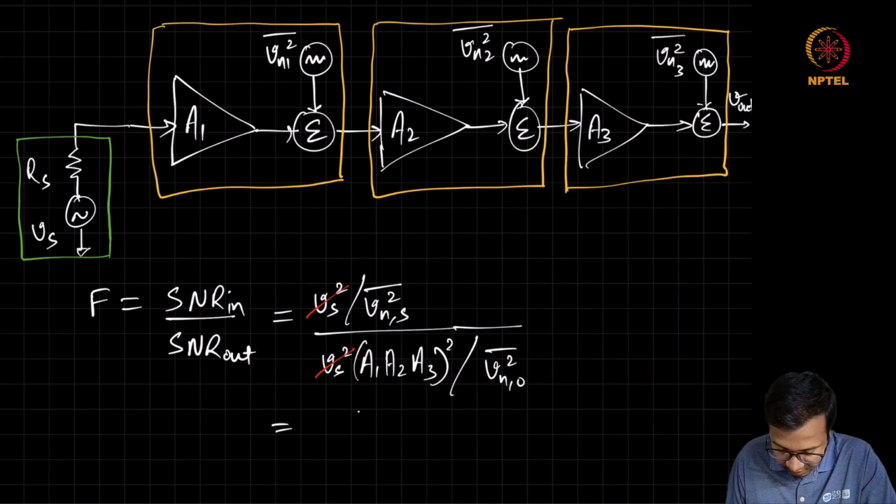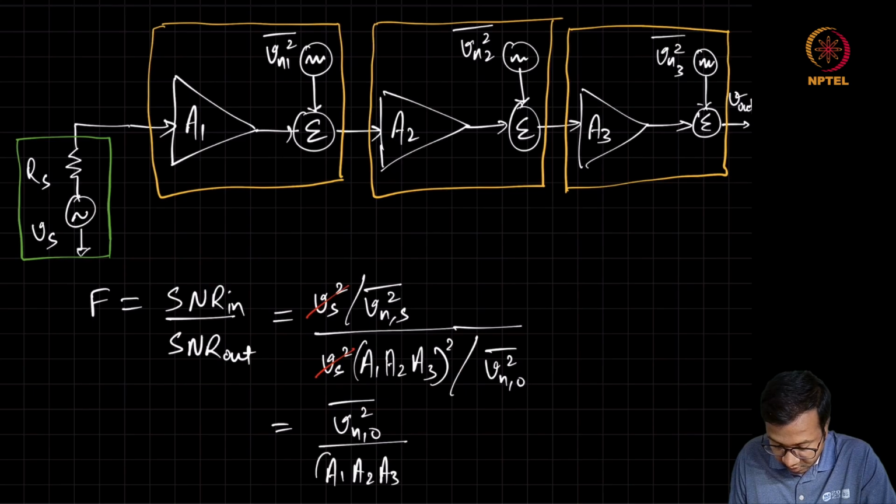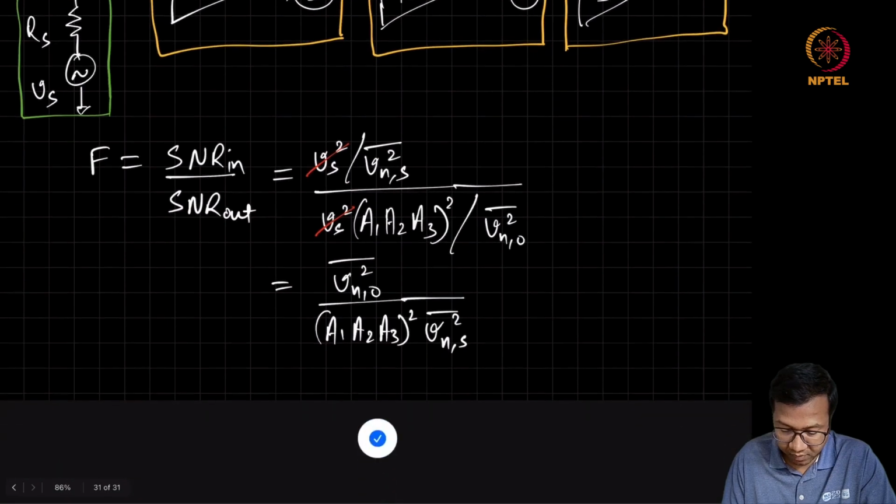If you rearrange, it becomes the total output noise divided by (A1 A2 A3) square multiplied by the noise due to the input source.